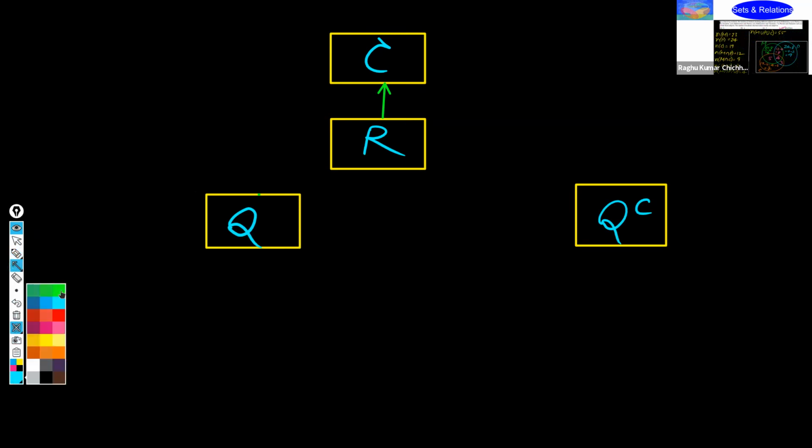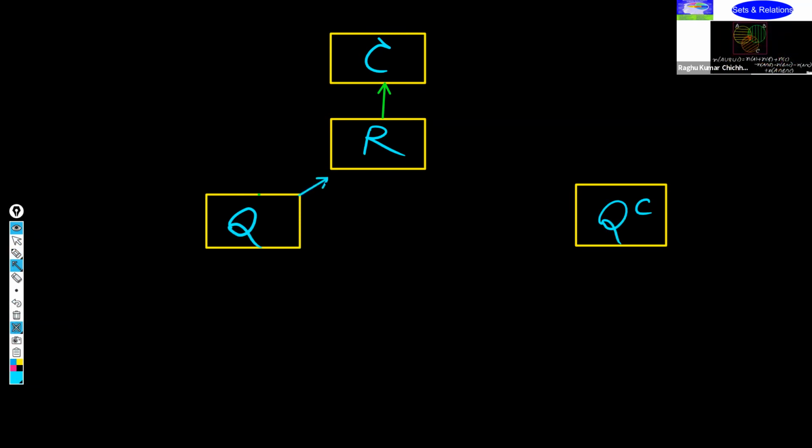Just understand. So what is to be understood? These rational and irrational numbers are contained in the real numbers. So rational and irrational numbers are part of real numbers only.